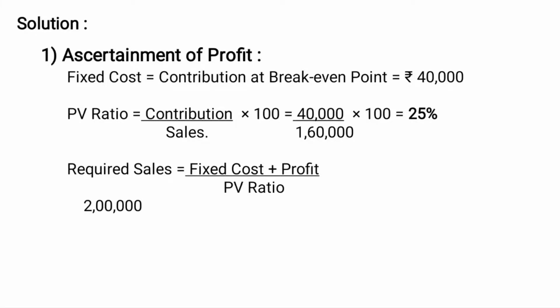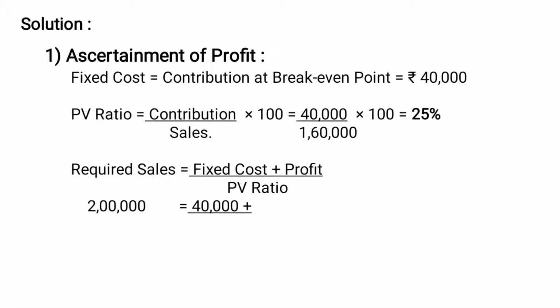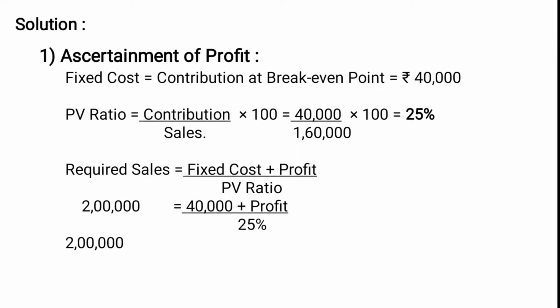So required sales is given as rupees 2 lakhs, which is equal to fixed cost, which is 40,000 plus profit divided by PV ratio, which is 25%. So 2 lakhs into 25%, which is equal to 40,000 plus profit.